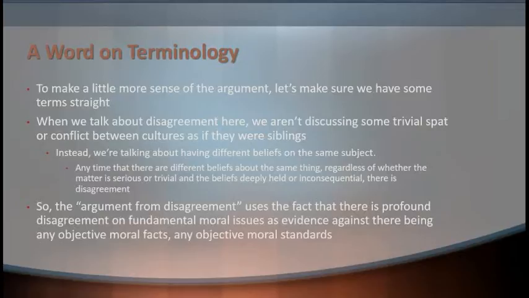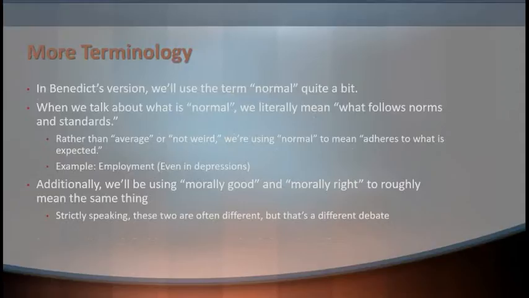So really, this is an argument that uses an empirical observation, that is, observations that we learn through experience and through our senses, and applies this as evidence against, that is, trying to count against the idea that there are any objective moral things. Now in Benedict's version, rather than explicitly talking about moral standards the entire time, a lot of what she uses is the term normal.